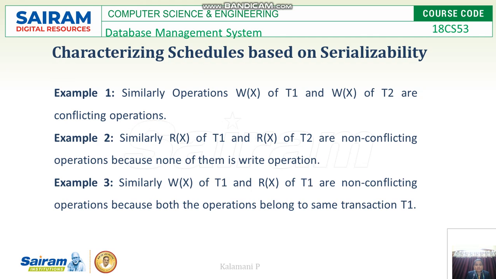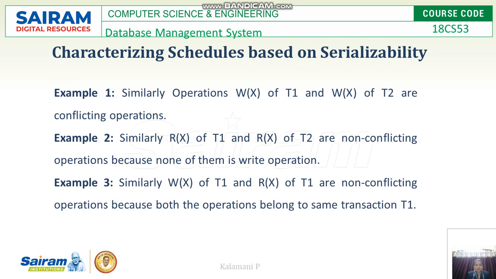For example, the operations Wx of T1 and Wx of T2 are conflicting operations because both transactions are working on the same item x. And Rx of T1 and Rx of T2 are non-conflicting because there is no write operation over there.